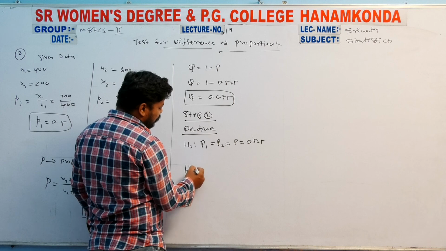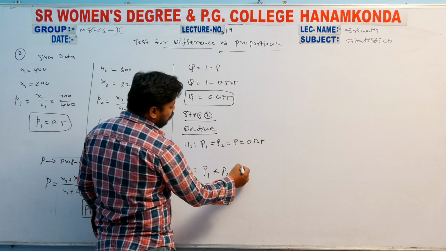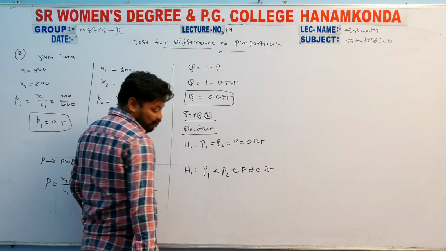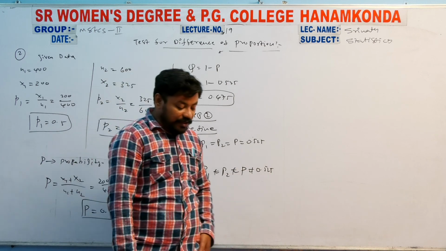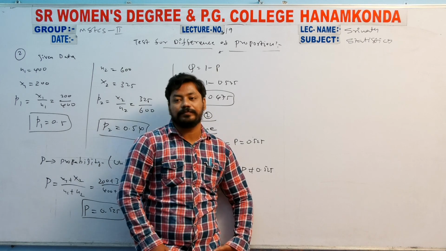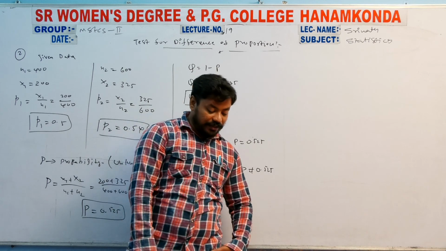And H1 is P1 not equal to P2, not equal to P, not equal to 0.525. There is a significant difference between the opinion of men and women about the flyover. These are the hypotheses.